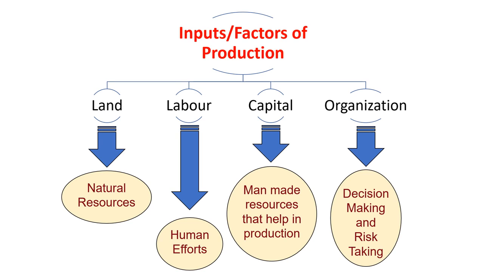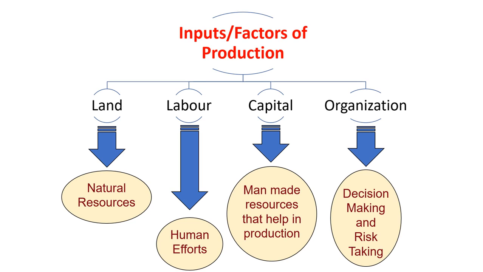A capital is in fact an output of some other firm, but for the particular firm under study, it helps us produce different goods. For example, if a firm is producing potato chips, then the potato chips making plant is capital for this firm. But this plant is also produced by some other firm.